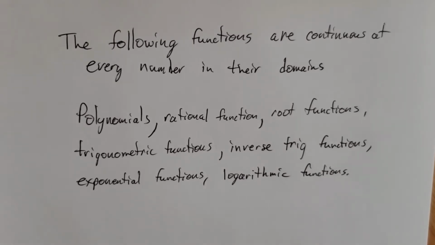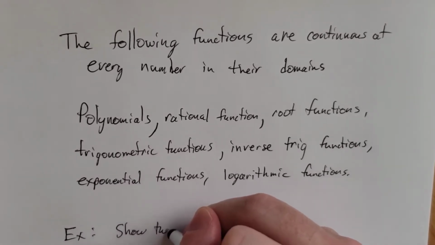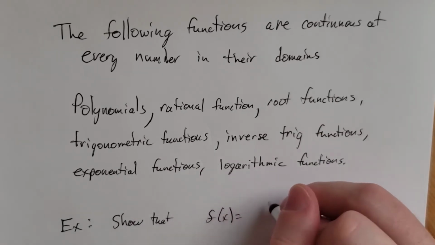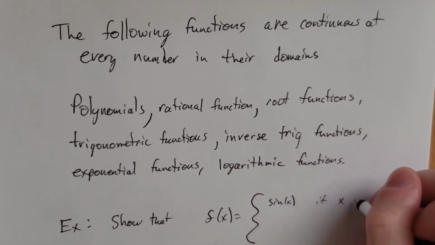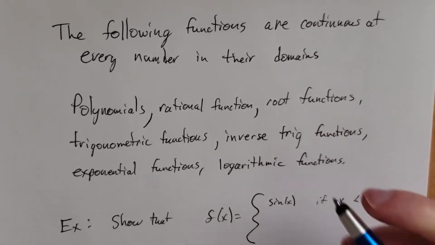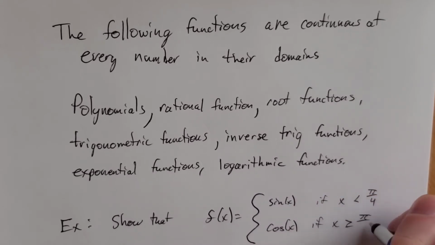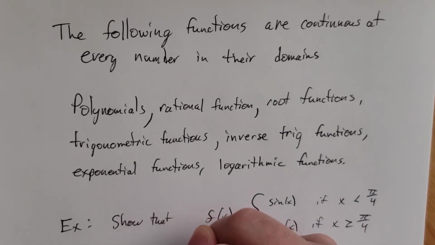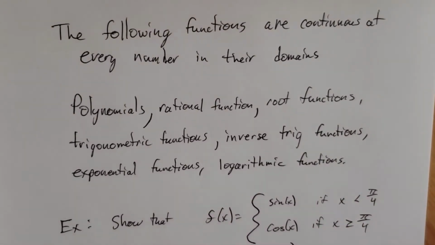Okay. Well, how about we look at an example here? Let's show that the piecewise function f of x is equal to sine of x if x is less than pi over 4, and cosine of x if x is equal to or greater than pi over 4, is continuous on the interval negative infinity to infinity.